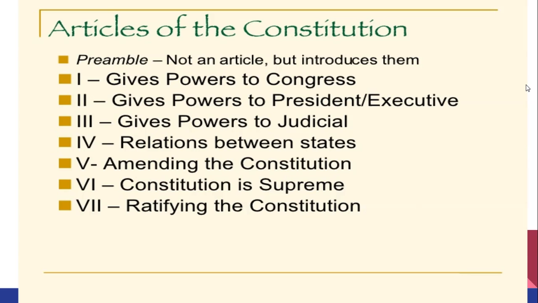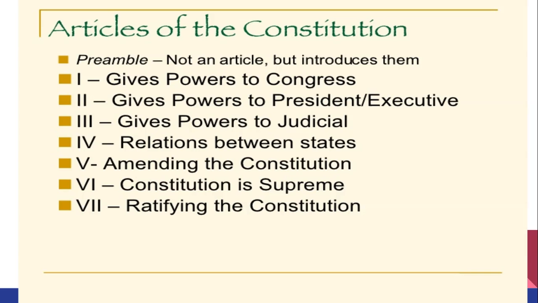When we look at the Constitution, we have already done bullet number 1, which is the preamble. This is what we've done so far. Today, we are going to cover Articles 1, 2, and 3. We're going to take a look at the powers of the Congress, the powers of the president, and the powers of the judicial branch or the Supreme Court.